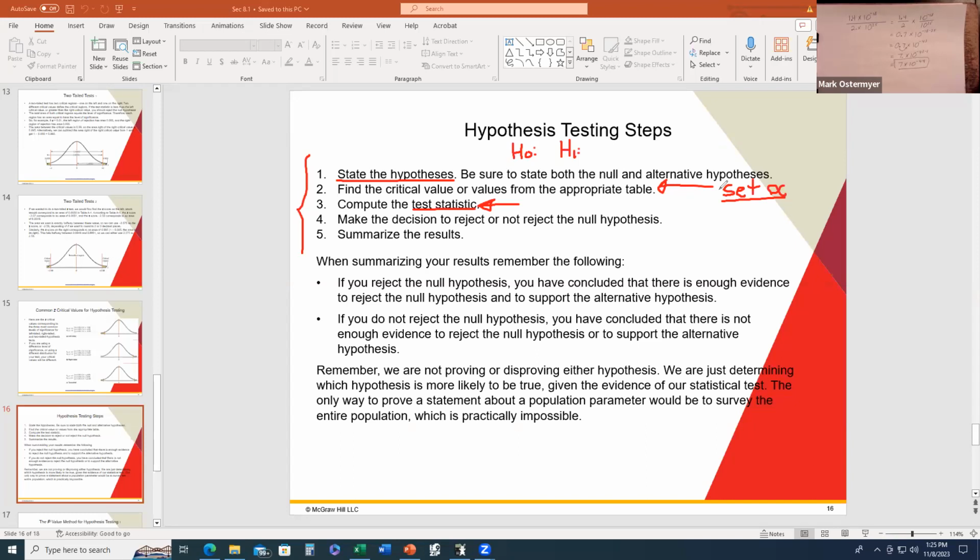And step number 4 is illustrating that step. We will make a decision as to whether or not we are going to reject or accept the null hypothesis. And then step number 5 is, in plain English, state your conclusion. Okay. And this last step is very important here.